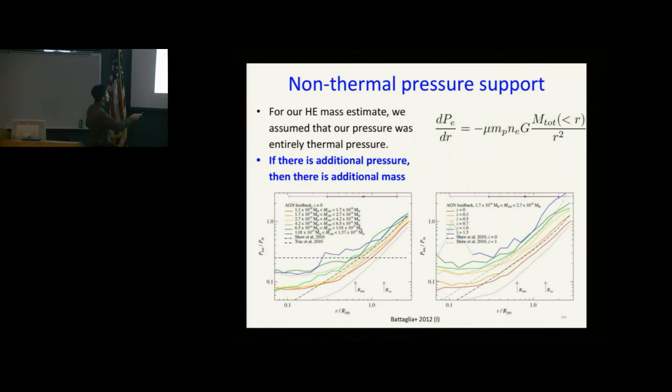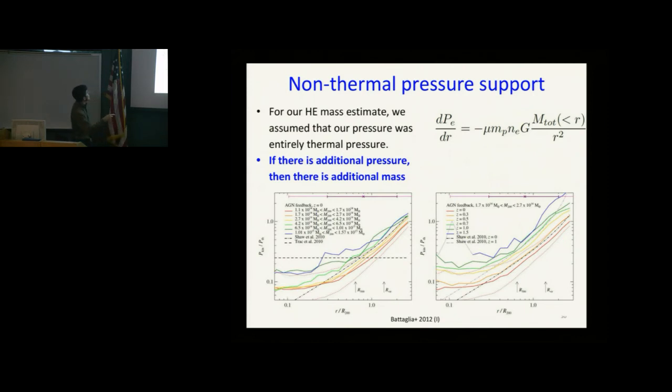But you can get even more than that at R500. So here are some simulation results from Battaglia 2012. And you see that at R500, your non-thermal pressure support, here shown as kinematic pressure, rises to roughly, well, maybe not quite 30%, but close to 30% around R500.